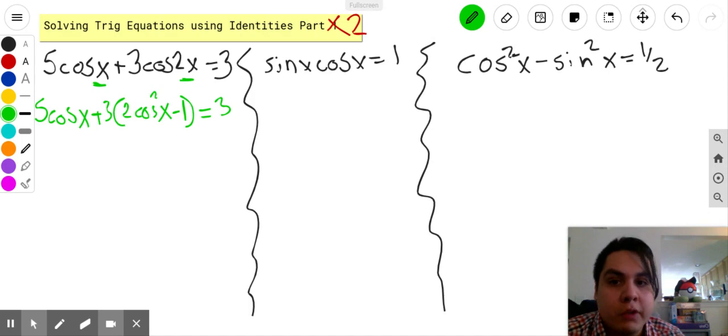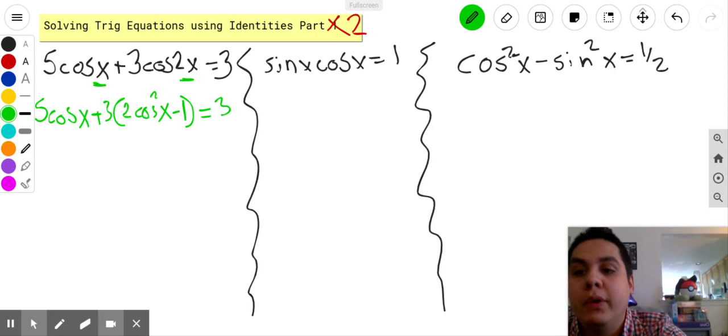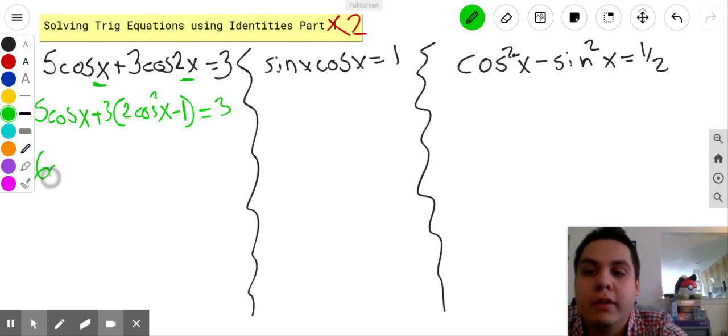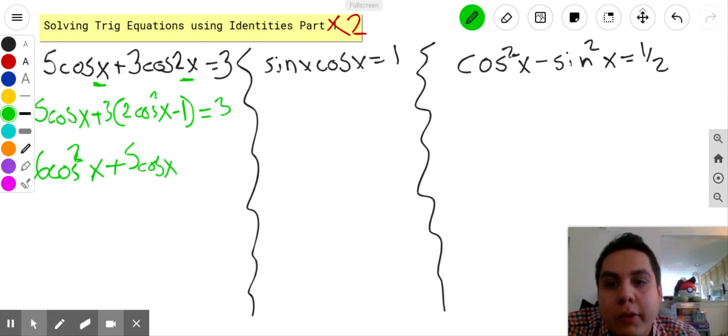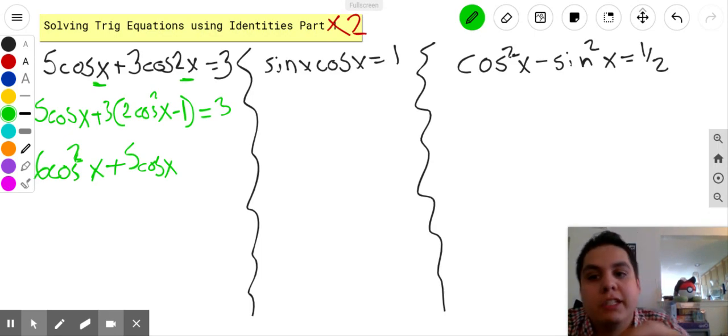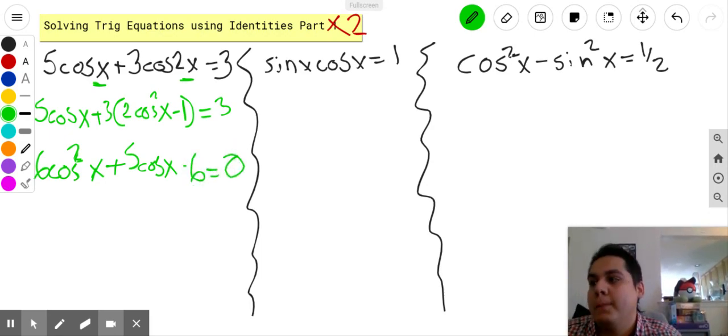So now that works for me because now I have cosine of x, and I see this more as a quadratic, so I can do some factoring to solve. Simplifying this, moving the 3 to the other side, I will eventually end up with 6 cosine squared of x plus 5 cosine of x, and 3 times a negative 1 is a negative 3, minus 3 gets me a negative 6, is equal to 0.